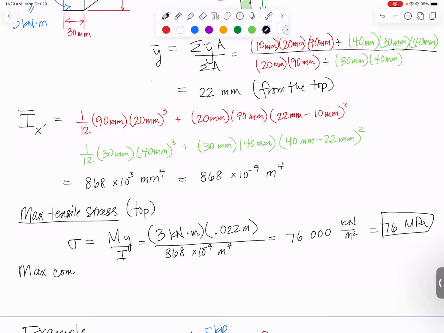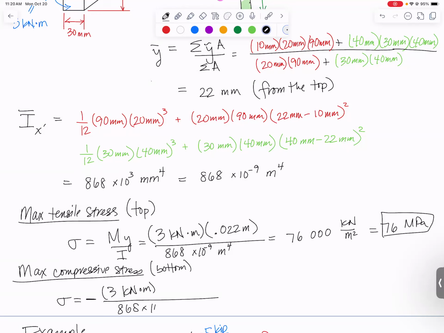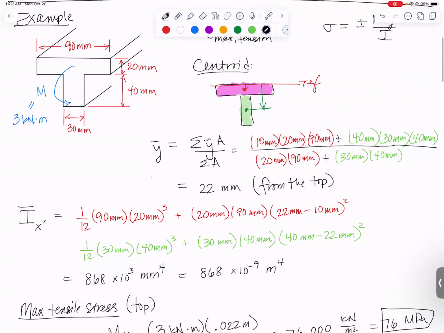Max compressive stress. Well, if the max tensile is at the top, the max compressive is at the bottom. So stress is going to be a negative this time because it's compression. My moment is still 3 kilonewton meters. My moment of inertia is still 868 times 10 to the minus ninth meters to the fourth, but my distance is different. Now I need to measure the distance from that centroid, 22 millimeters down, to the bottom of the shape, which would be 60 millimeters down.